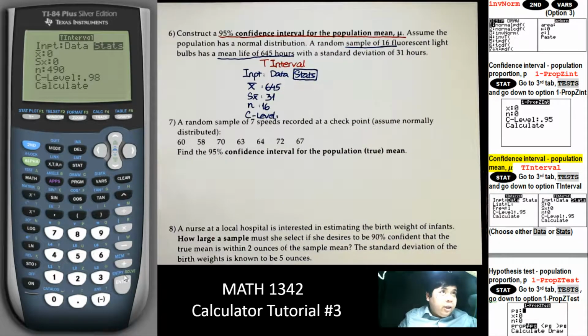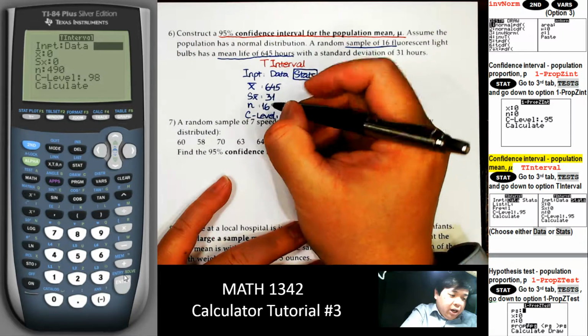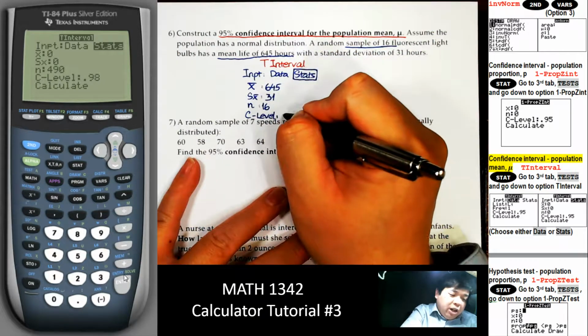Right. Confidence level, confidence interval of 95%.